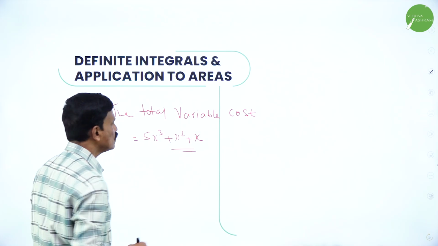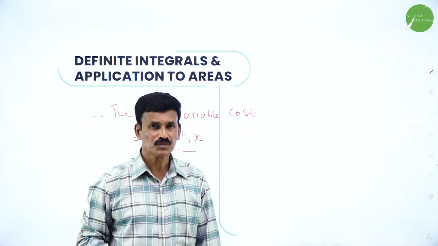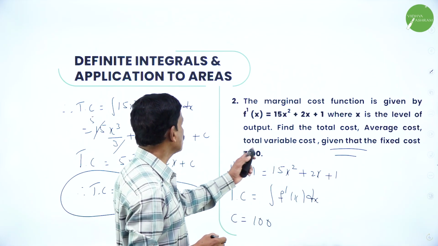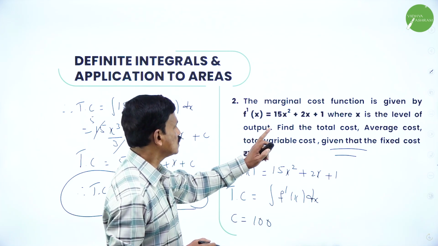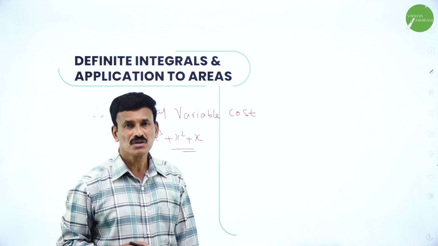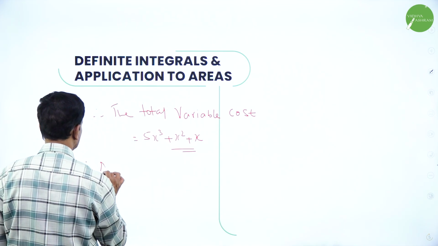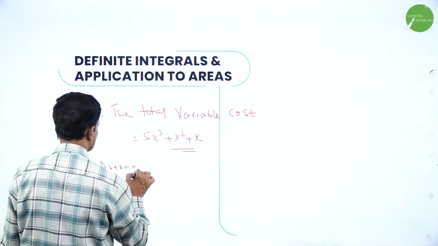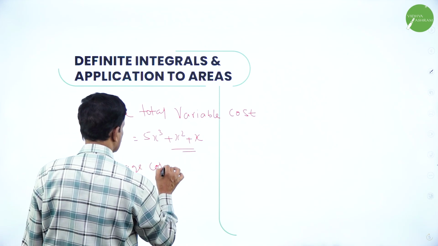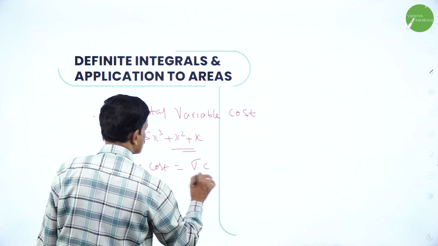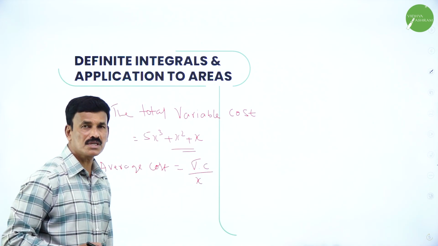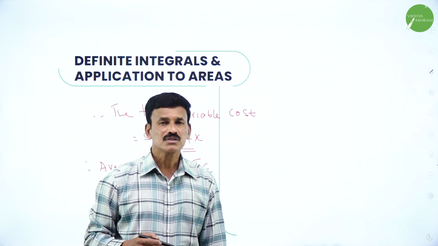That is the total variable cost. Then what is to be found? The average cost. How to find the average cost? The average cost is equal to the total cost divided by x. The total cost divided by x will give us the average cost.